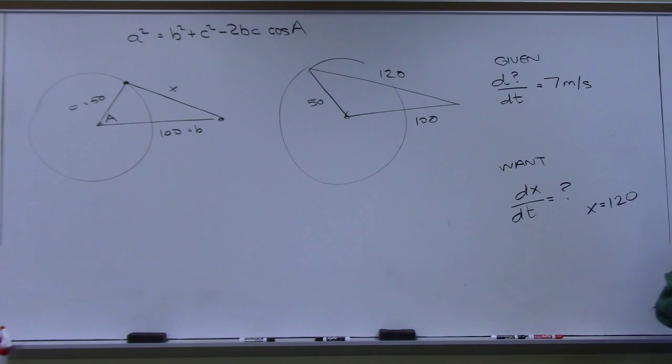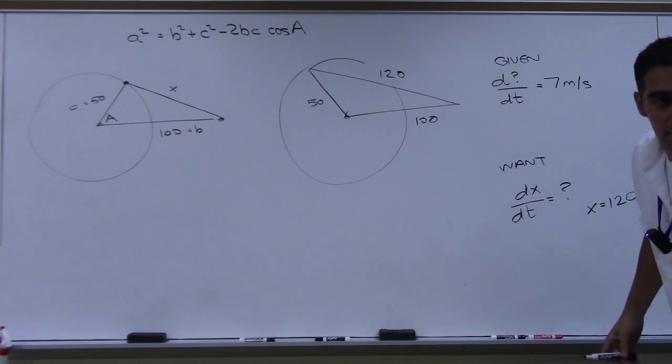We can find cosine A by using this formula, because we know A, B, C.